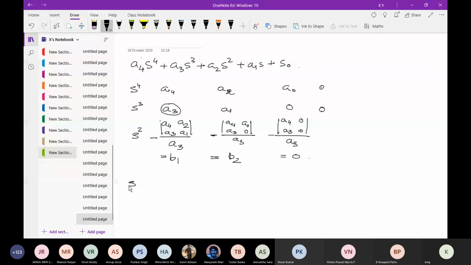When you are forming S1, again our logic will be the same, but we will just move one row down.